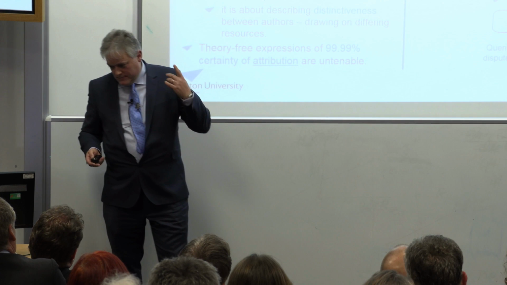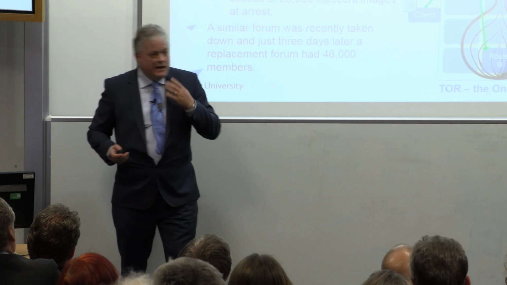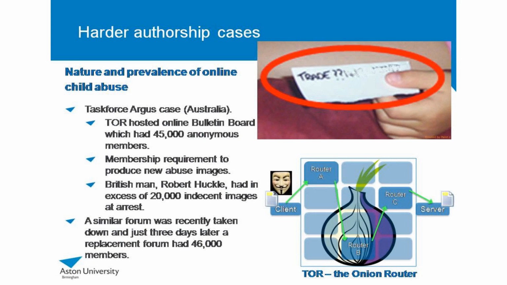Okay, let me put this up here. Now this image here requires some explanation. This image for me is a kind of an icon of 21st century evil, for want of a better word. This is an image that a child is being forced to hold up.